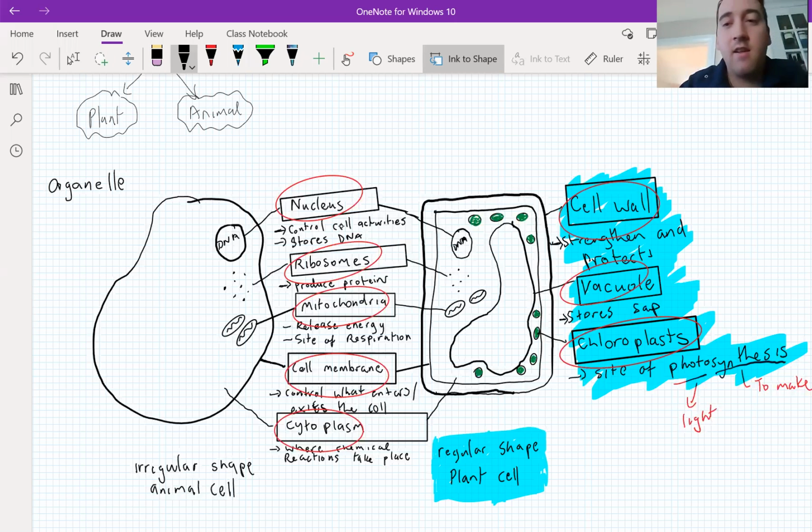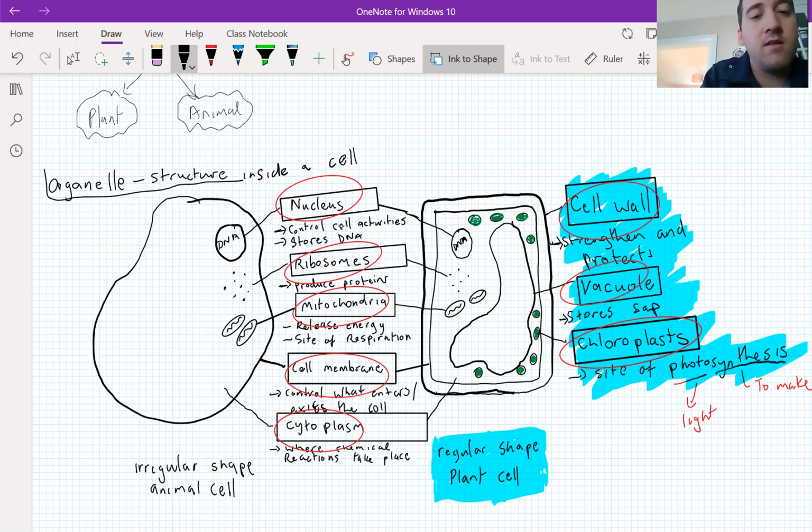It's kind of like organ, like a little organ. So an organelle is a structure inside a cell. That's what we mean by the word organelle. We call these organelles.